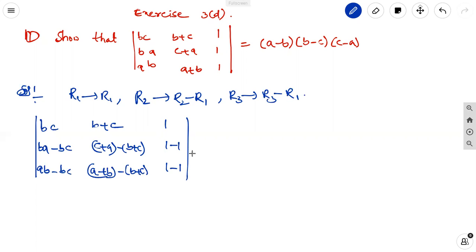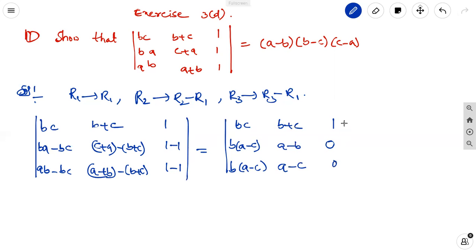So it is equivalent to BC, B plus C, 1. Here in these two, B is common, A minus C. Here plus C minus C get cancelled. You are getting A minus B, 0. From this, B is taken common, A minus C. And here also plus B minus B get cancelled, A minus C, 0.